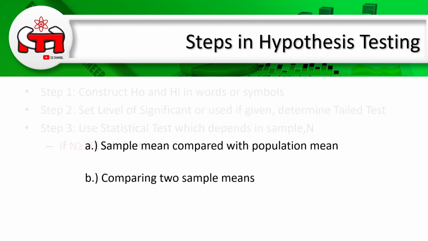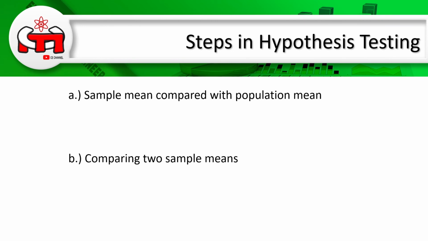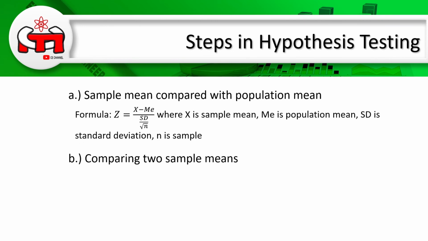The formula we use for sample mean compared with population mean is shown, where x is the sample mean, mu is the population mean, SD is the population standard deviation, and n is the number of items in the sample.